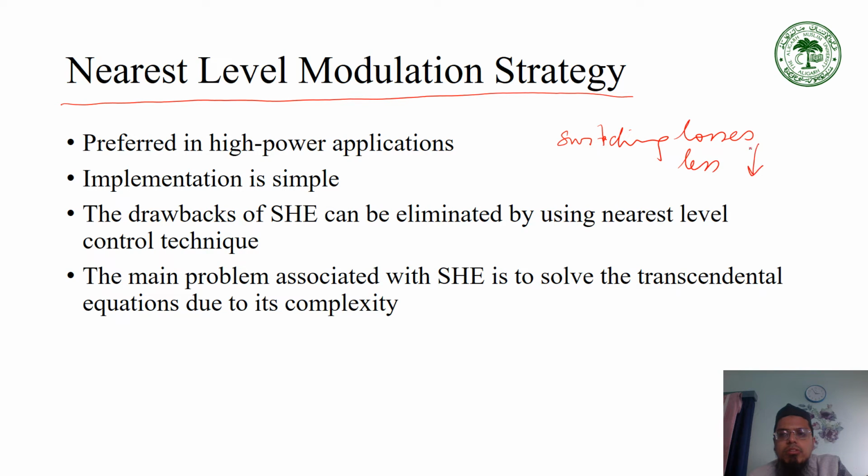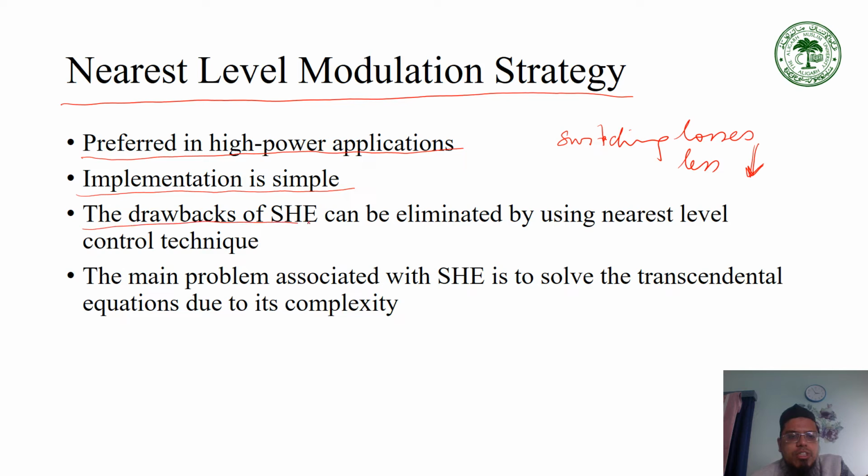Since it is operating at a very low frequency, the switches are turned on and off normally at the fundamental frequency, or 2 or 3 times the fundamental frequency, so the switching losses are very less. That's why it's preferred for high power application. Its implementation is quite simple, as I will show you after 1 or 2 slides.